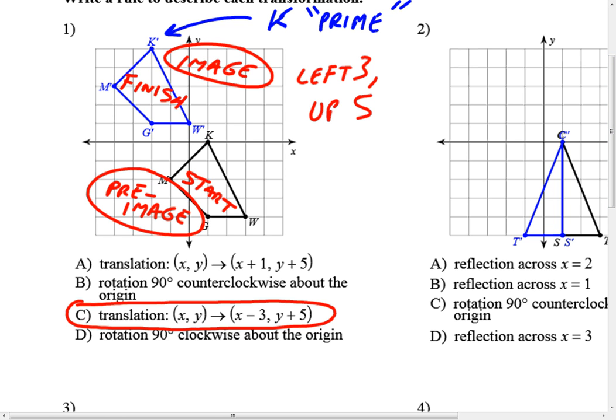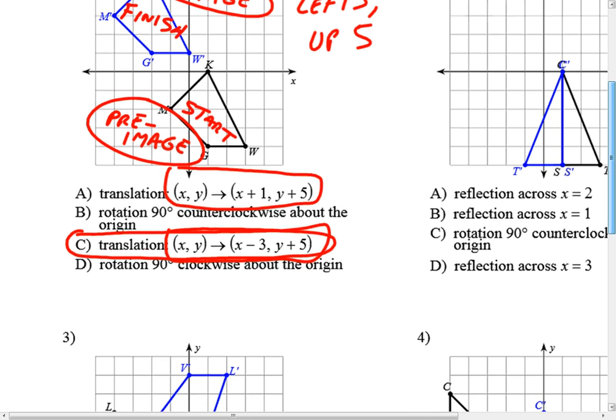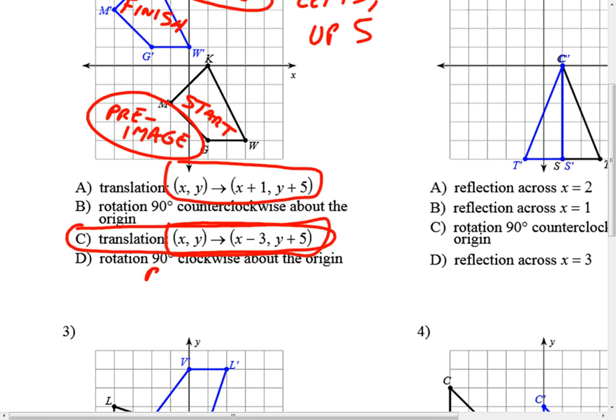This notation, where we have x, y, and then we have an arrow, and then we have the x minus 3, y plus 5. The first part is the pre-image. The arrow in this case doesn't represent if-then, like it did back in chapter 2.